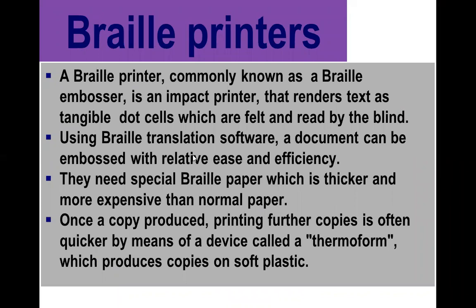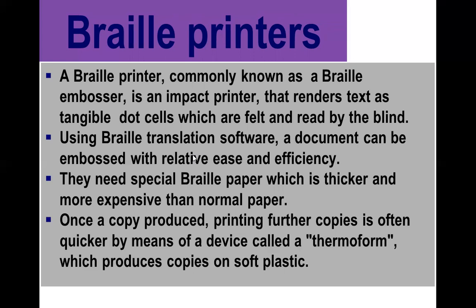Now, after looking at the dot matrix, we have the braille printers. A braille printer, commonly known as a braille embosser, is an impact printer that renders text as tangible dot cells, which are felt and read by the blind, those that cannot see.